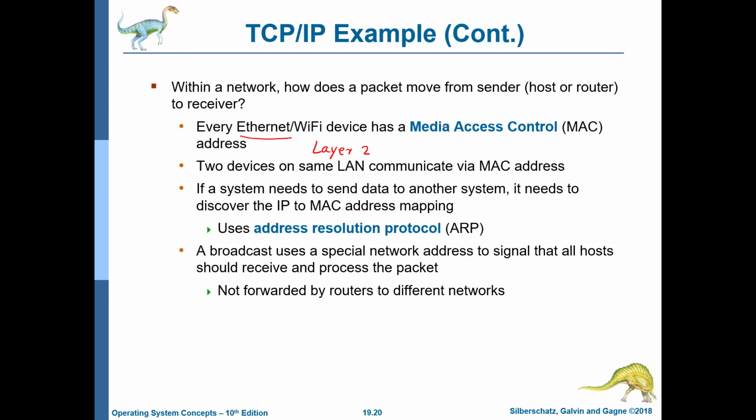The layer 2 protocols are known as MAC protocols, media access control protocols. What we have discussed a few slides back is that they provide a critical service of framing and error control. Of course, they do that, but they also do something else which is also quite important.